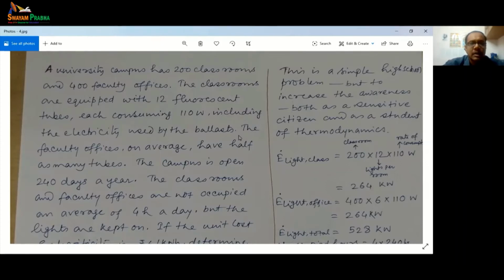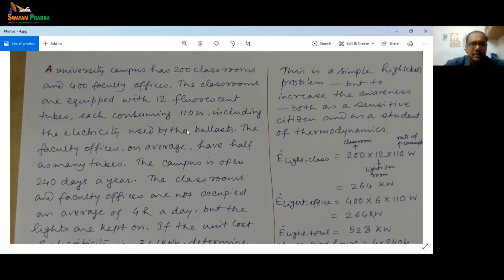The classrooms are equipped with 12 fluorescent tubes, each consuming 110 watt, including the electricity used by the ballasts.